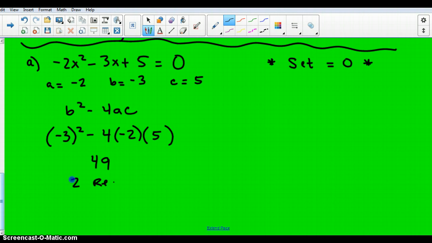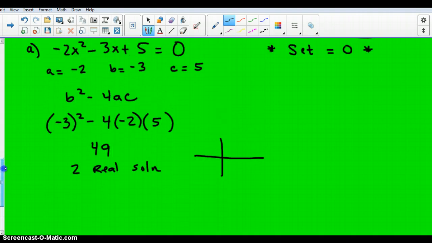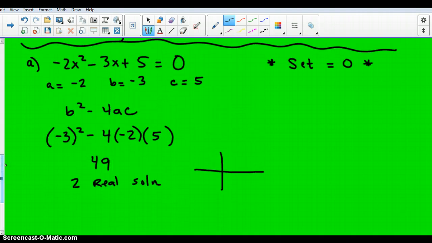Two real solutions. And could you sketch a little graph to show me what it looked like? How many times would it cross the x-axis? No, because that would be 7. 4 plus 7 and 4 minus 7 are two different solutions, but that's a great question. 49 actually gives us the fact that because we can take the square root of it, we get a number for it.